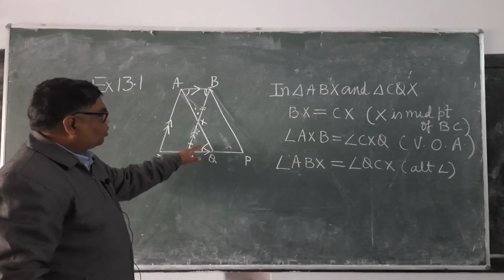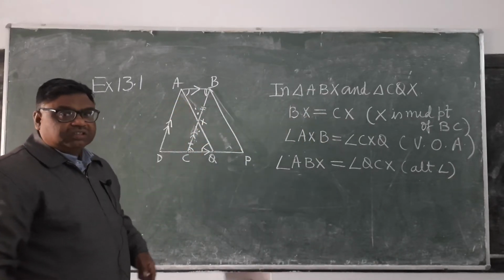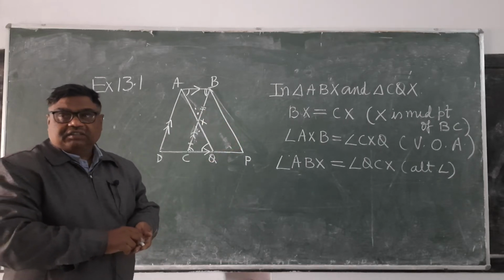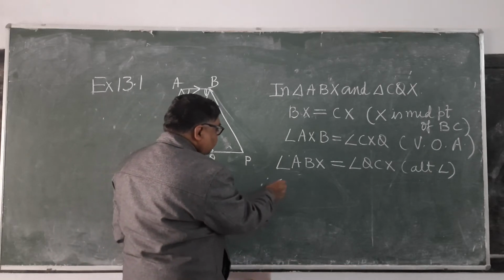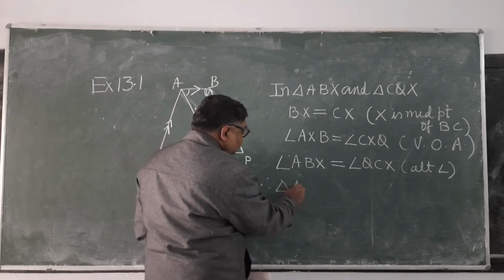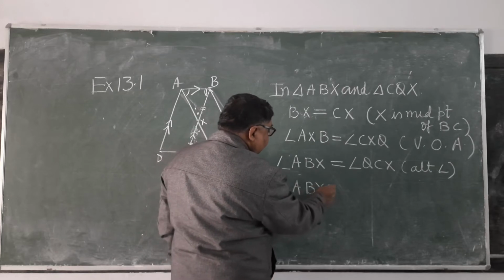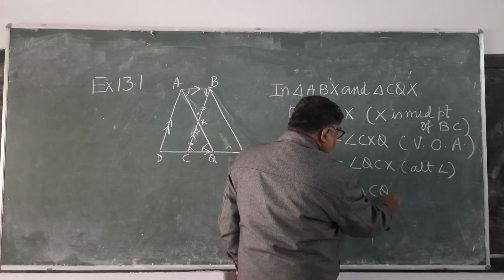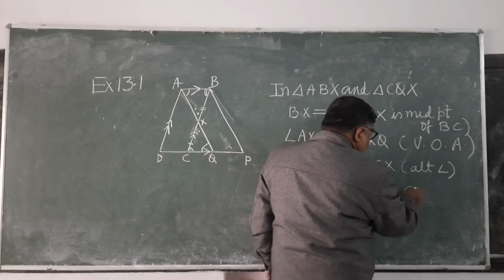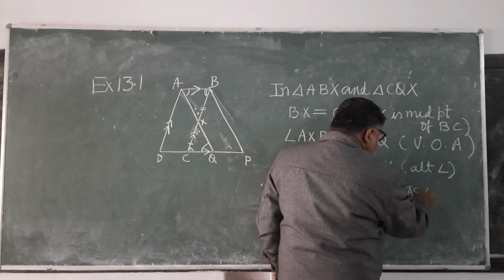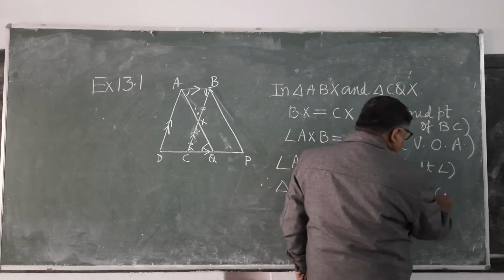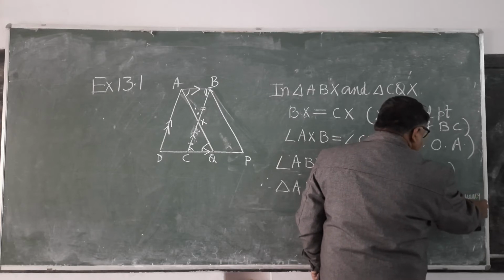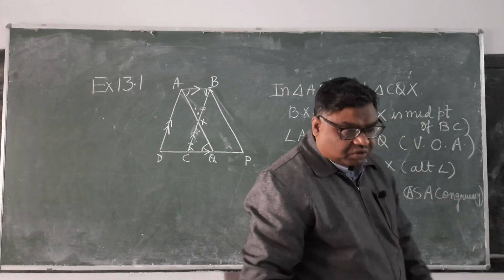No need to write about this, because here congruency will be fulfilled from here. समझे? So therefore triangle ABX will be congruent to triangle CQX. By which congruency? ASA criteria for congruency. By this congruency they are congruent.